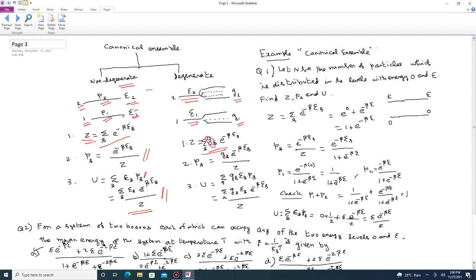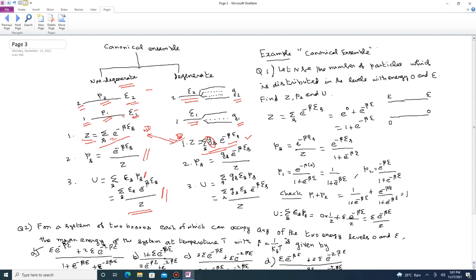The multiplicity of the level must be included in the expression for Z. So Z is equal to the summation over s of g_s e^(-βE_s). Here you find the difference: for the non-degenerate system there is no g_s term, while for the degenerate system the multiplicity of the level must be included in that expression. So this is the expression for the partition function.